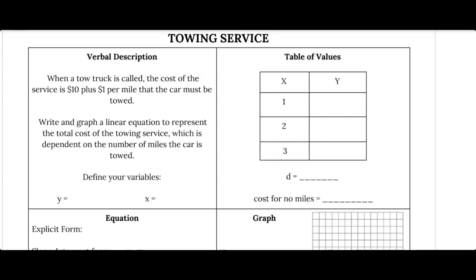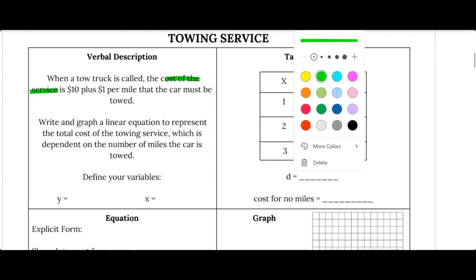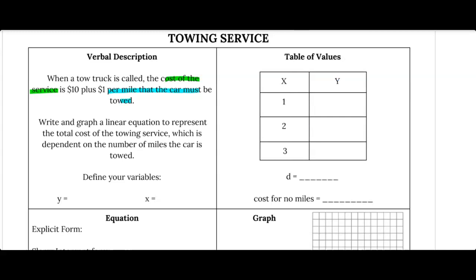So the first thing we're going to do is define our variables. We're talking about two different things: a cost of service, and a number of miles that a car is towed. So the thing that is the total is always going to be the y. Whatever is the combination of things will always be y, and the thing that we are changing will be the x. So the x is the independent variable.